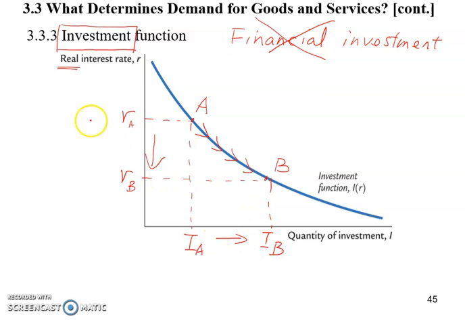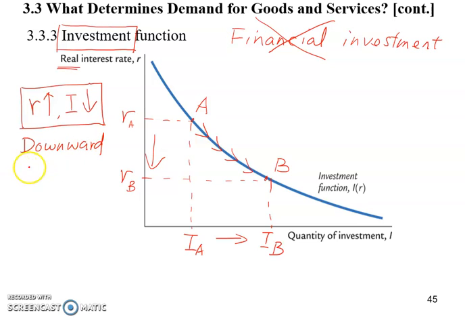So let's put it here. When the interest rate goes up, the investment goes down as a result. This is what we need to prove, because this is basically the economic intuition behind this downward sloping curve. Now, how could we prove this?